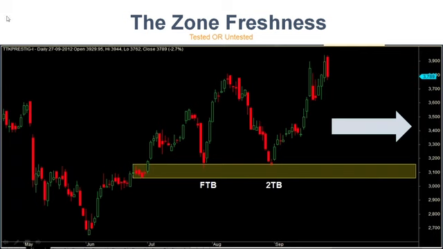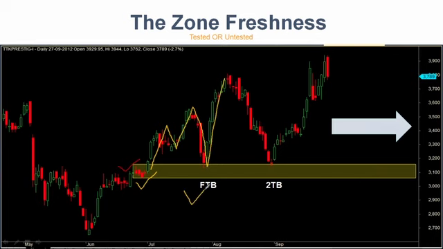Can you guys accept and agree that this is a power structure, rally base rally? I will take a yellow color here. Can you guys accept this is a rally base rally? One rally, four to five bases. Now price went up, came down, went up, came down, kissed that zone for the first time and bounced back.